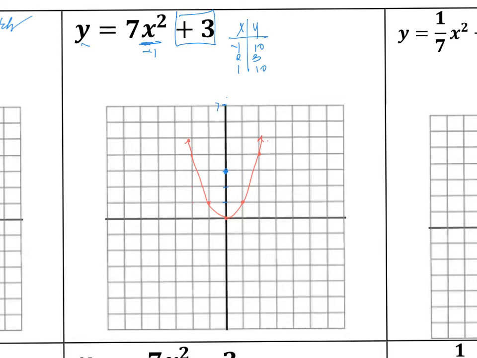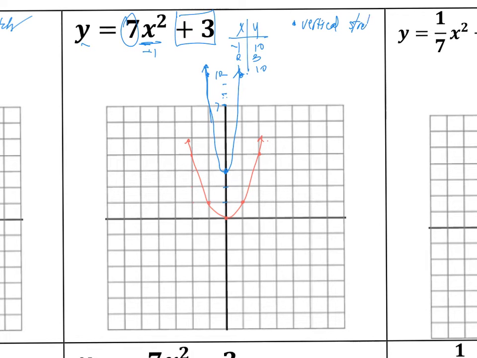Since this is 7, I'll add a couple more lines. So this is 10. So our new points will be here, and we can connect these dots. As you can see, the 7 remains the same, so the graph is stretched. So again, there's a vertical stretch.